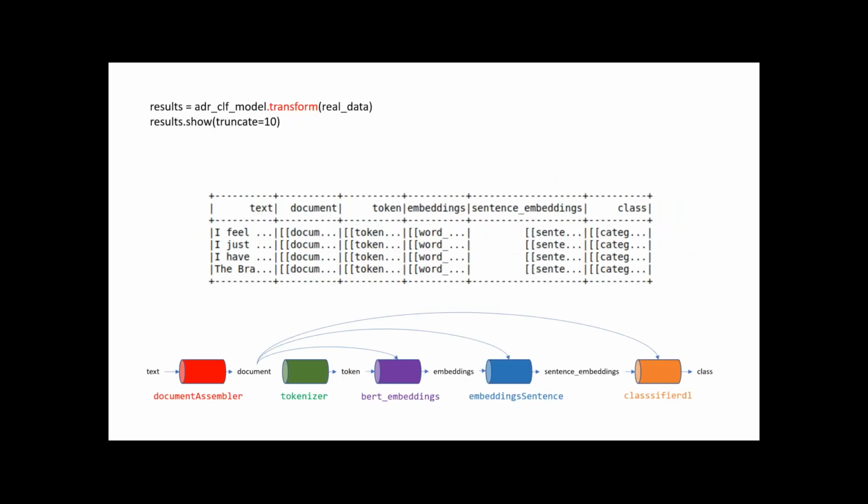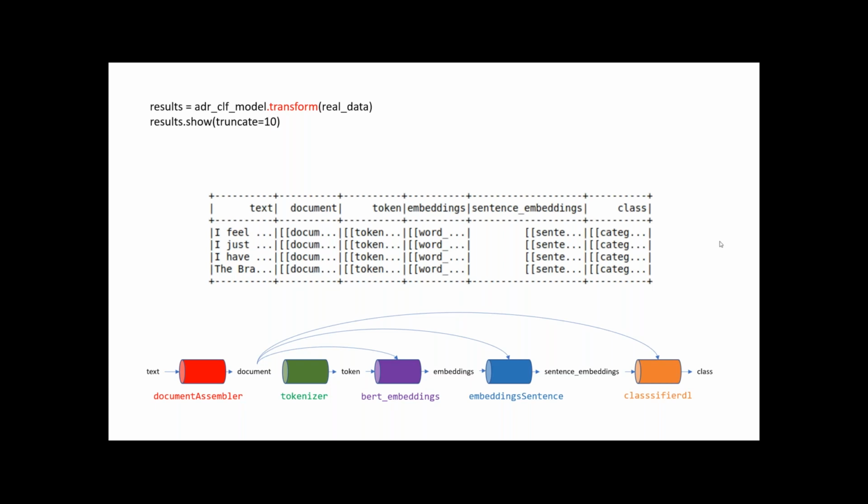Now we can take this real data frame and pass it to our ADR classifier model with the function transform, and we will store that output in a data frame named results. If we show the results, which is the output of the pipeline in Spark, we will see this table.